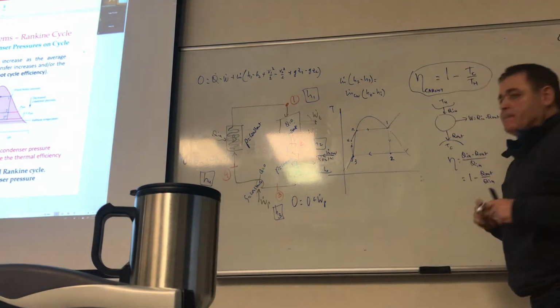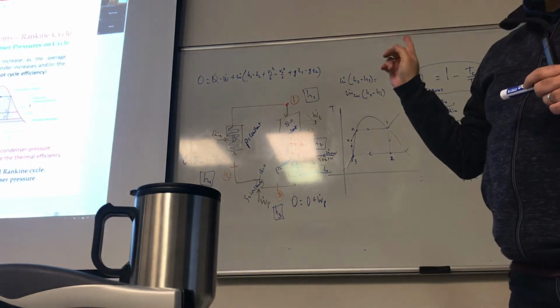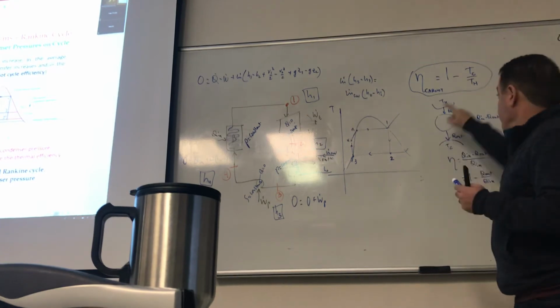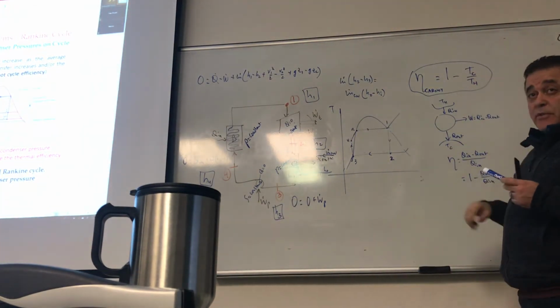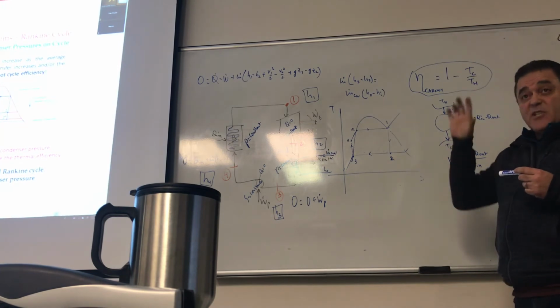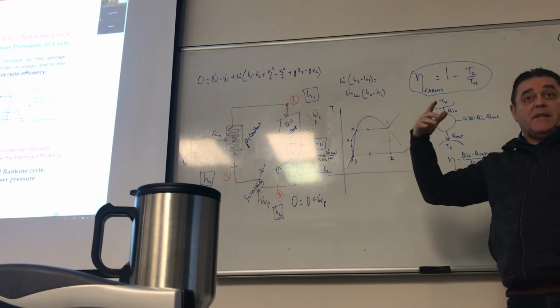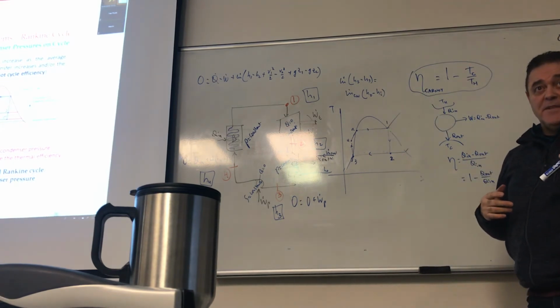Okay. Now, to increase efficiency, do you agree that if TH increases, the ratio gets smaller? That means 1 minus something that is smaller is something that is bigger, right? Does that make sense?